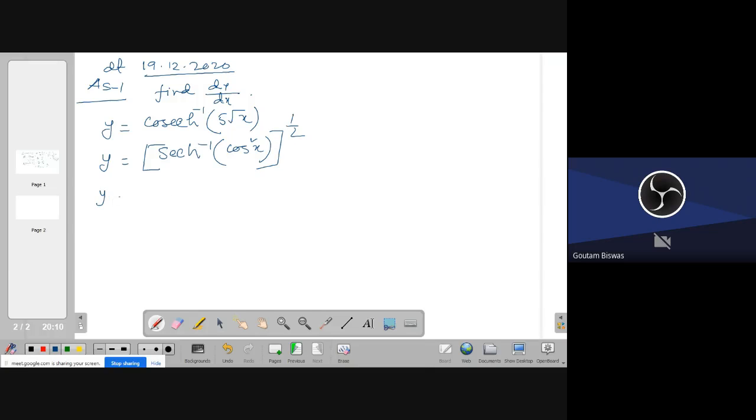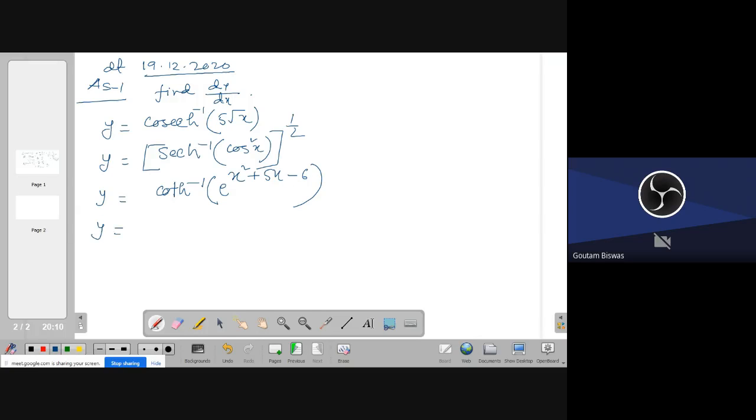Then number 3, y is equal to coth inverse e to the power x square plus 5x minus 6. It is in power, remember it.